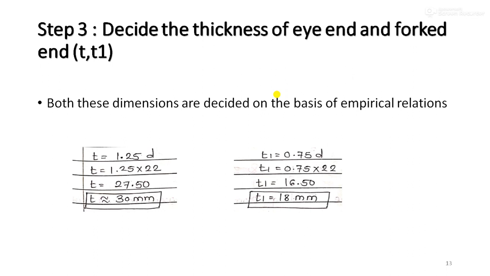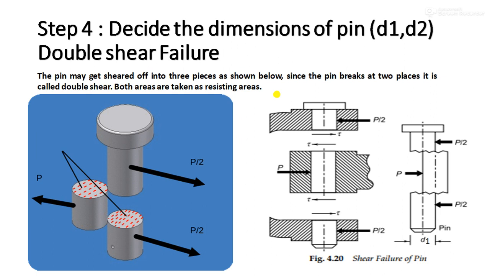These empirical relations are already mentioned in PSG 7.139, no need to remember. Now step 4 will be to decide the dimensions of the pin. As I said, the pin is subjected to double shear. You can see in this picture, I will explain in the next video how to do the stress analysis for shear as well as the bending failure of the pin and calculate this d1.